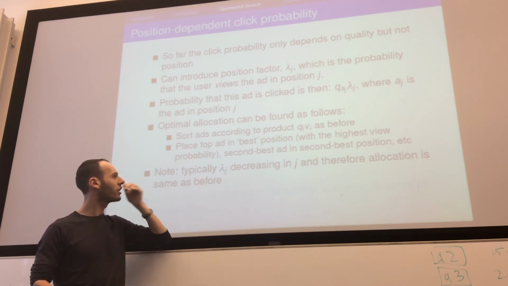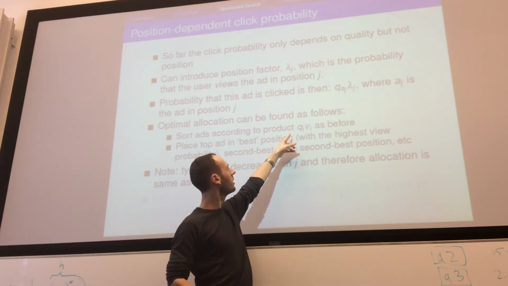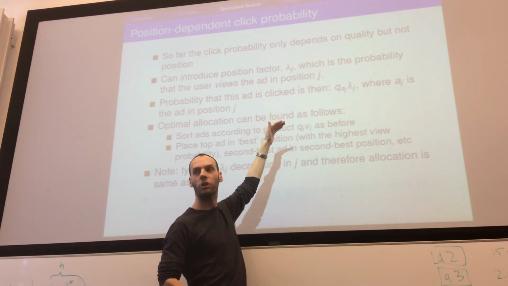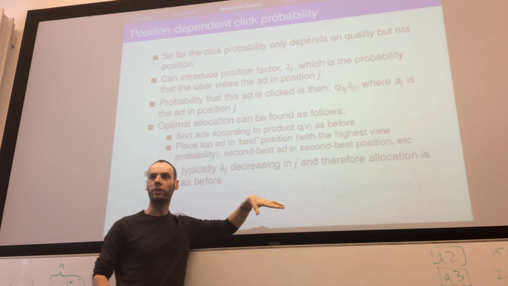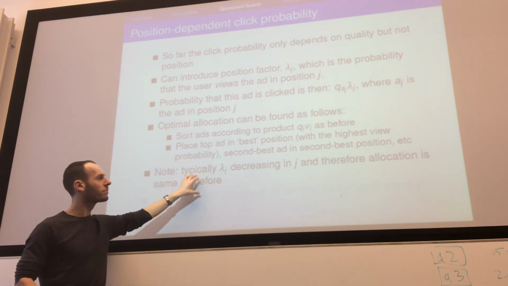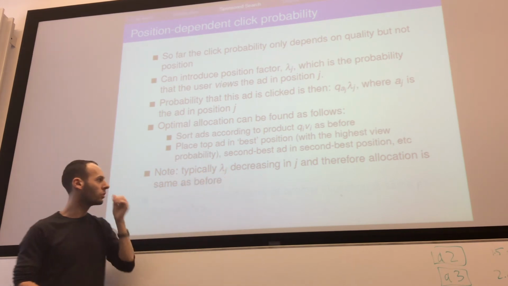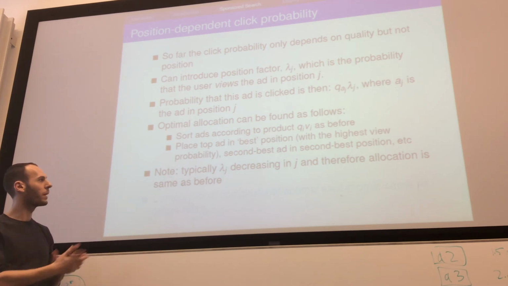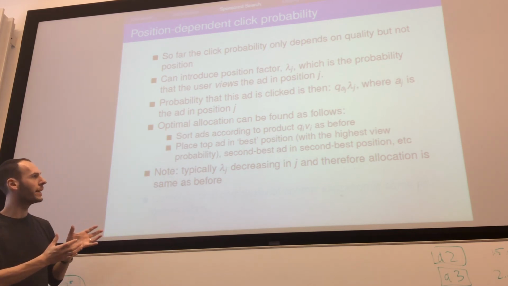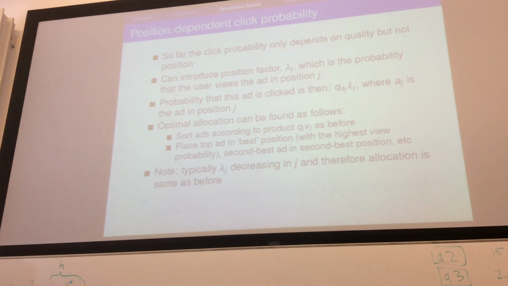There's nothing changing in the allocation, because the ad with the highest q_i v_i we allocate to the top slot, and then the next one to the next slot, etc. So in terms of the allocation, nothing changes, but this is a more fine-grained model and allows us to say, okay, maybe there's a prominent position in the middle of the page, which has a very high probability. So it's no longer allocating from top to bottom, but more from most views to least views.